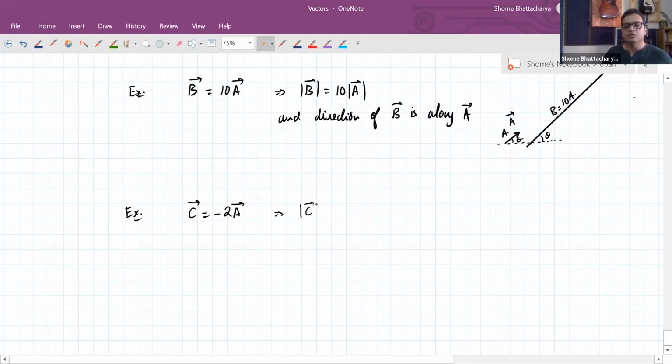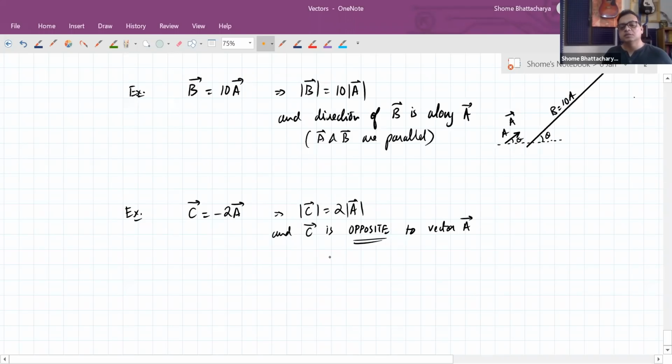So the magnitude of the vector C remains 2 times magnitude of the vector A, but direction of vector C is opposite to vector A. So in this case, we also say that A and B are parallel vectors. And in this case, we will say that A and C are what is called anti-parallel vectors.